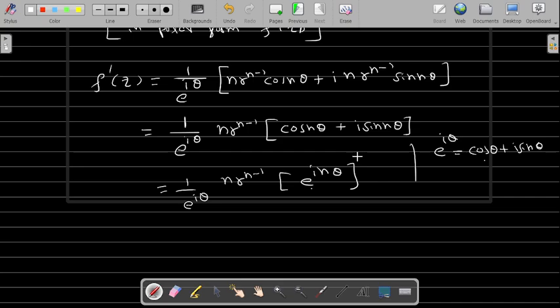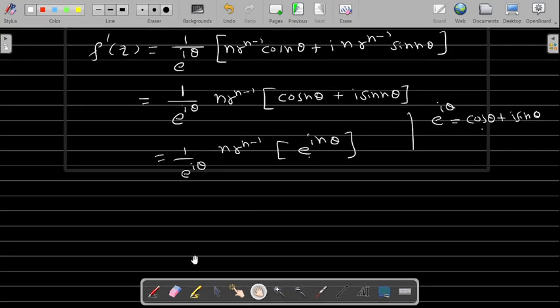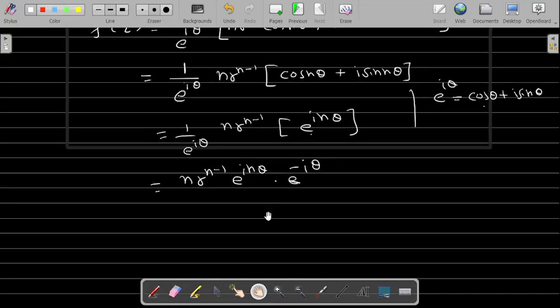Now the e power i theta in the denominator becomes e power minus i theta in the numerator, so we have n into r power n minus 1 e power i n theta, e power minus i theta. Bases are the same, so the powers are added: n into r power n minus 1 e power i n theta minus i theta.